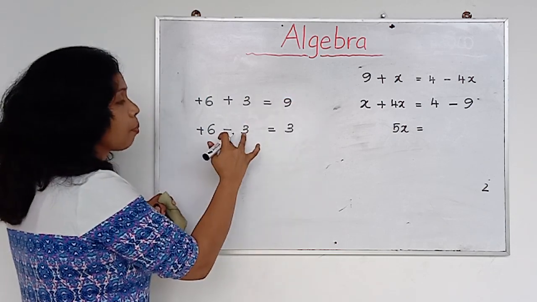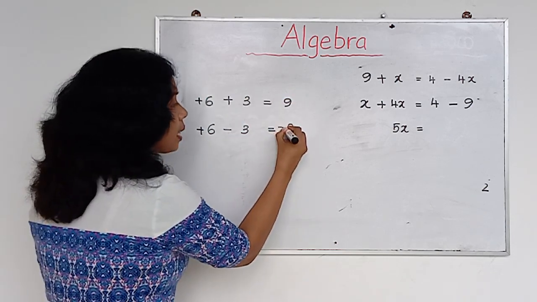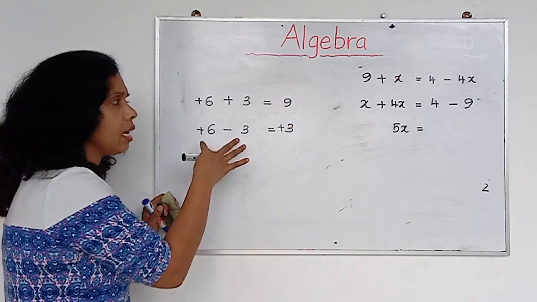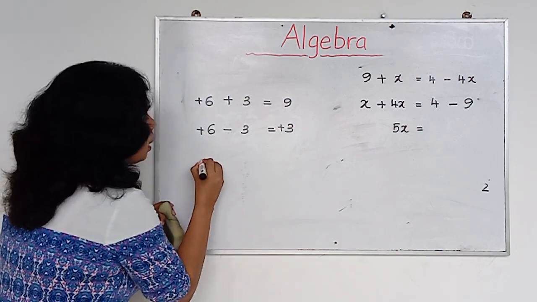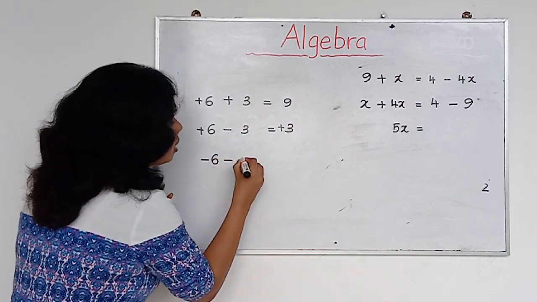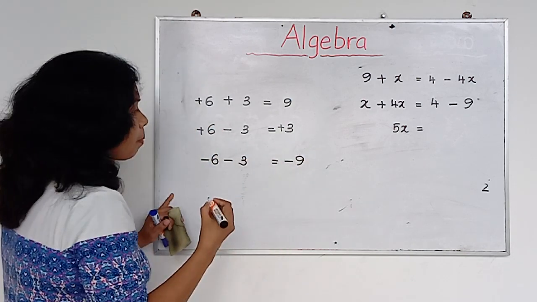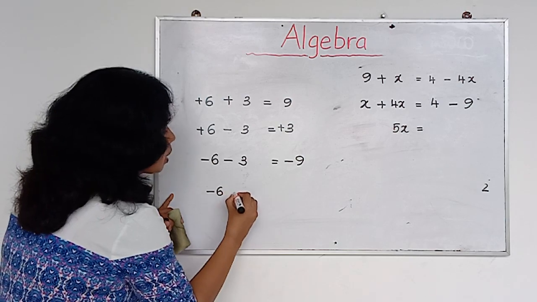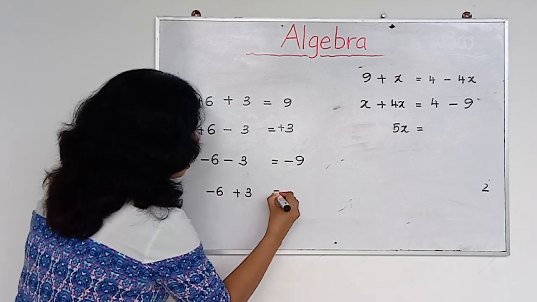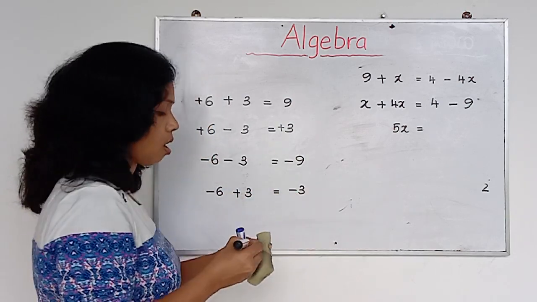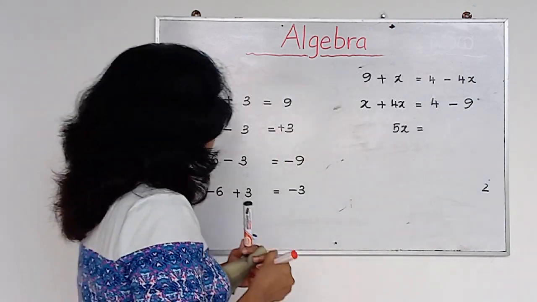Plus 6 minus 3, plus 3. Now what I did: look at this. Minus 6 minus 3, children, what is the answer? Minus 9. Minus 6 plus 3, what is the answer? Minus 3. Now tell me. Here.